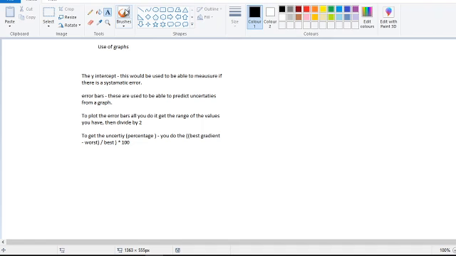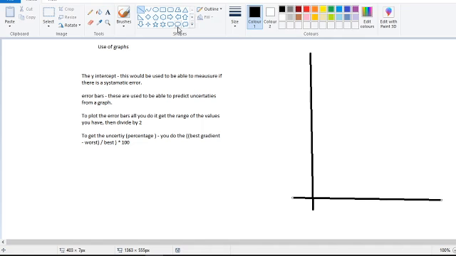So say when you have a graph like this, and you have points, point, point, point, point, and then you have error bars which go here, here, here, and so on and so forth.